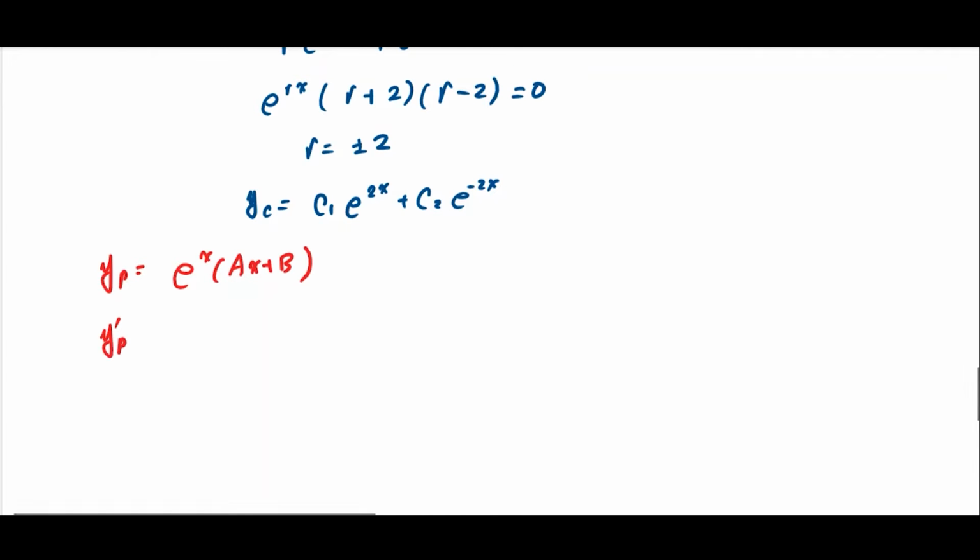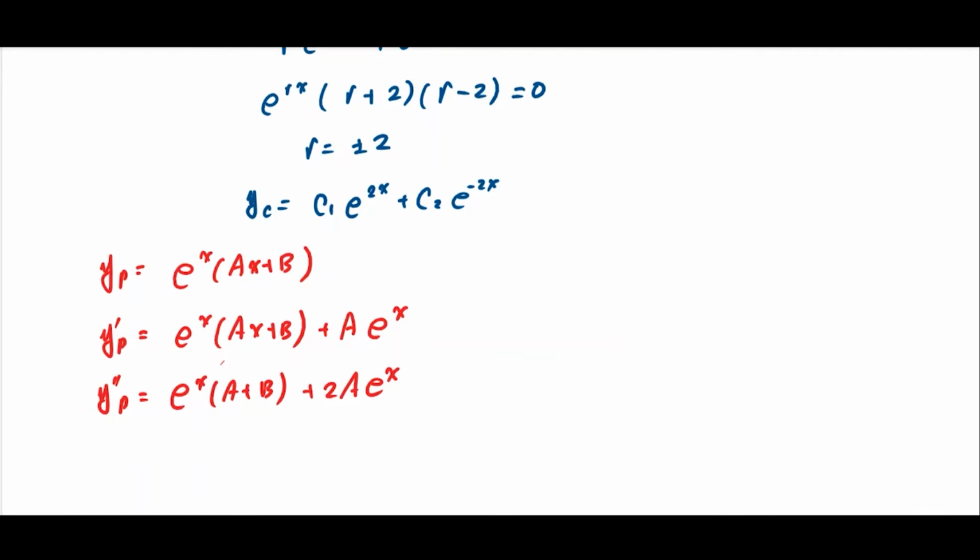So y prime, with still product rule, is e to the x times (ax plus b), and then the derivative of the second one, so e to the x, and then we just have a. I'm going to move it around a little bit and squeeze a in the front, right here. And then if I take a second derivative of that, I will have e to the x (ax plus b), and then I will have the second one, which is the same thing as this, and add it to this.